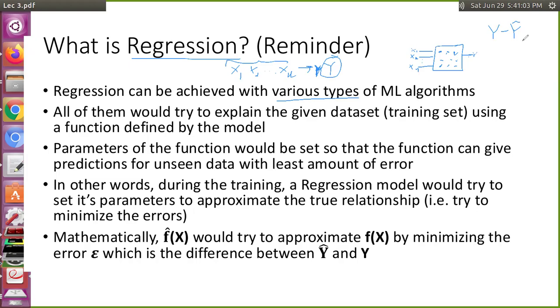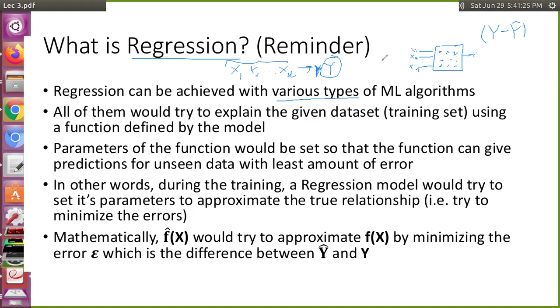The real value or the ground truth value is known as the y value, and the predicted value from the machine learning algorithm is given by y hat.